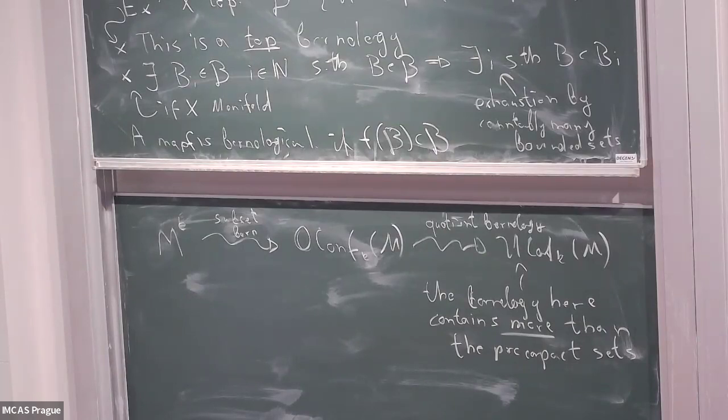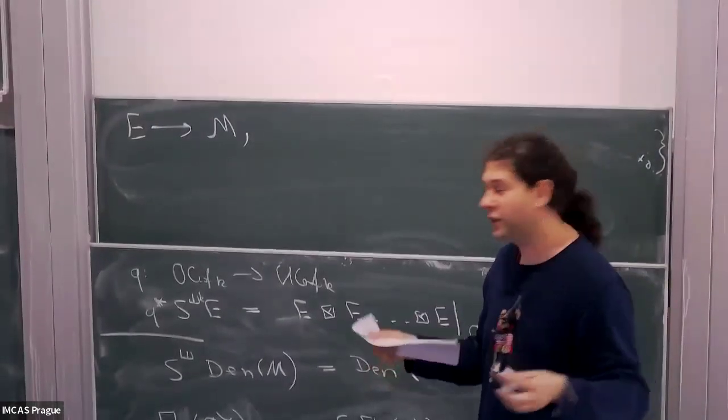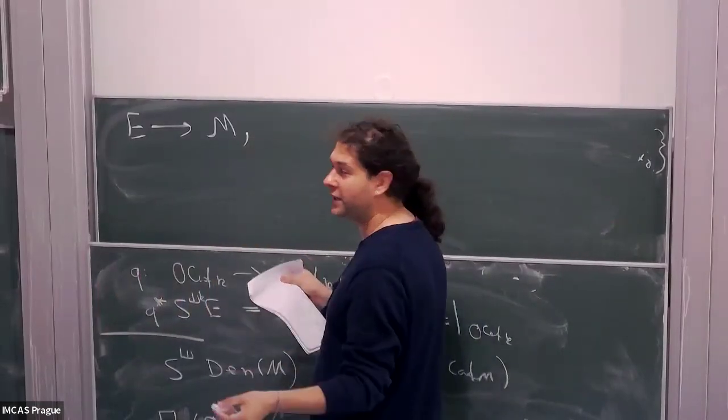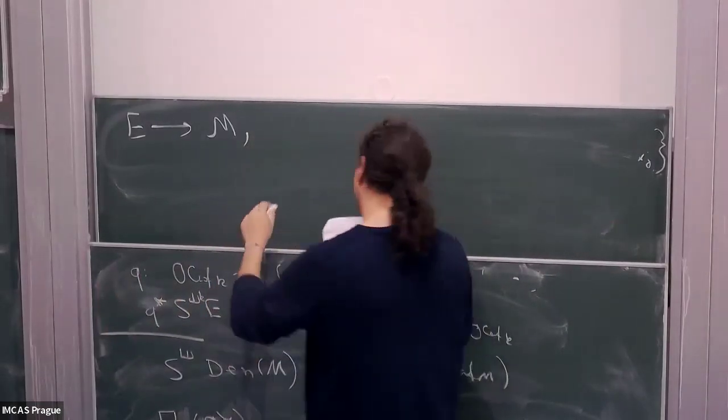Now we're going to use this formalism to define an appropriate space of functions. So we have again our vector bundle on M. One way to define the Fréchet structure on this space of smooth functions is fixing a Riemannian metric and a connection on M and a metric and a connection on the vector bundle.